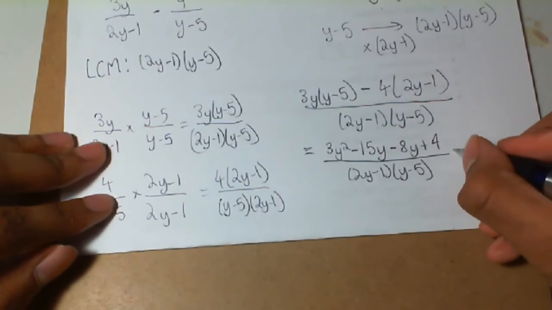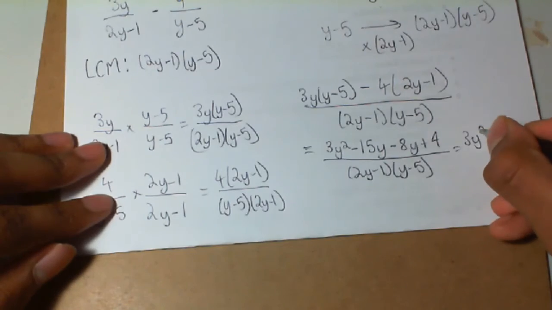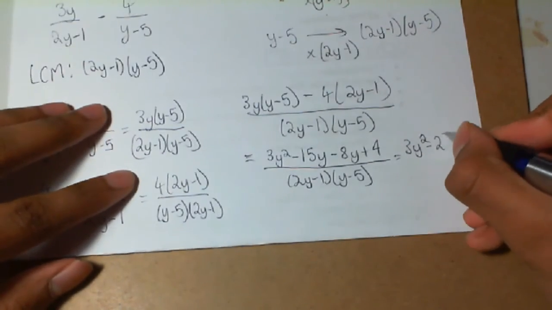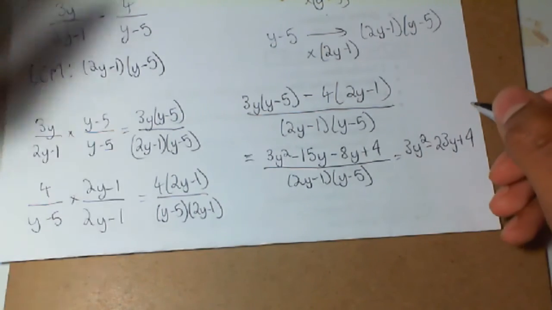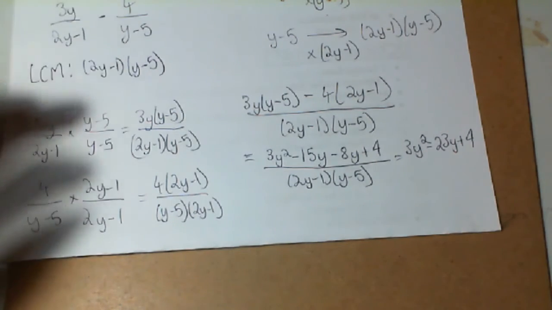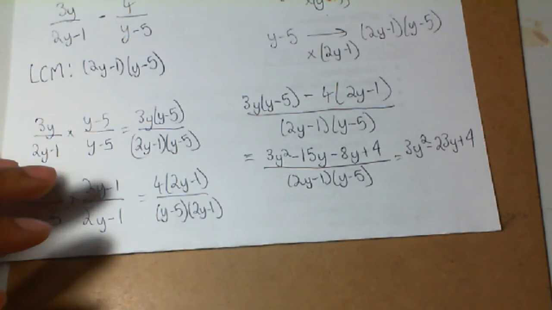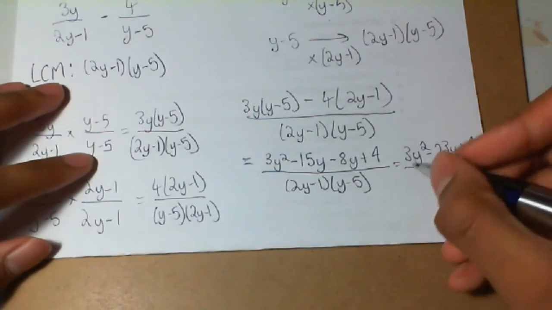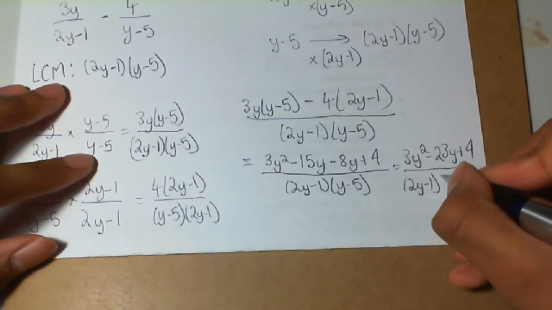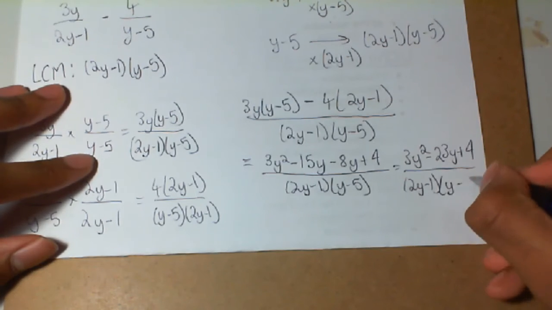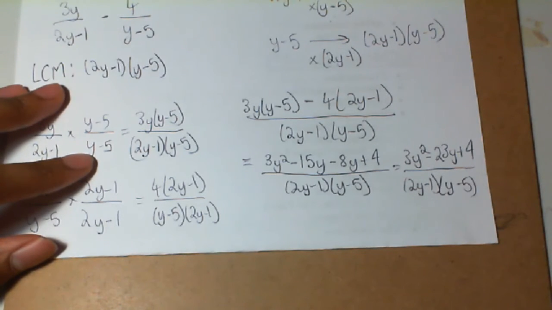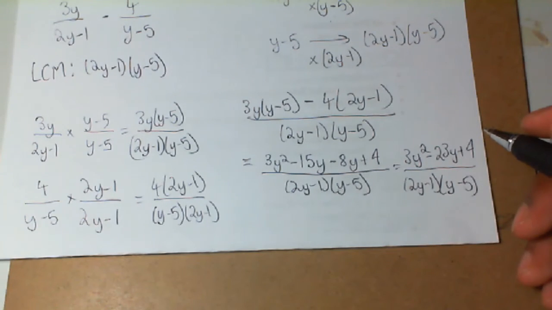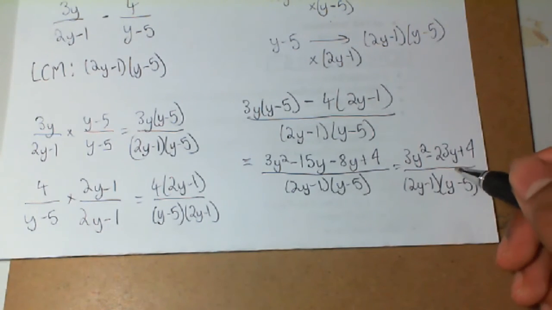Okay, and then we can combine to get 3y squared minus 23y plus 4, over 2y minus 1 times y minus 5. And that would be our final answer because we can't really simplify any more.